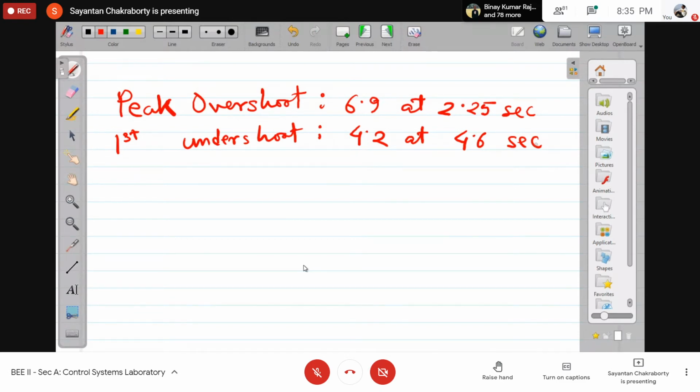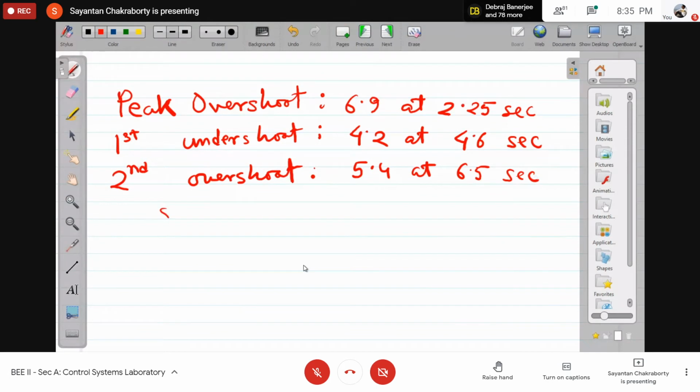This is related to the simulation that is given in your experimental sheet. Second overshoot is 5.4 at 6.5 seconds, and your steady state value is 4.85.